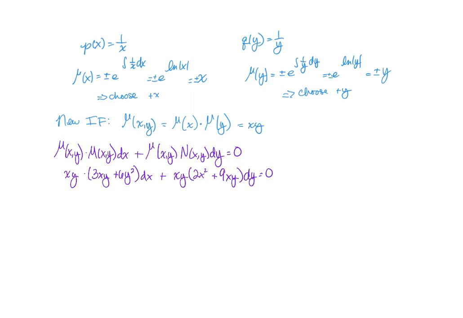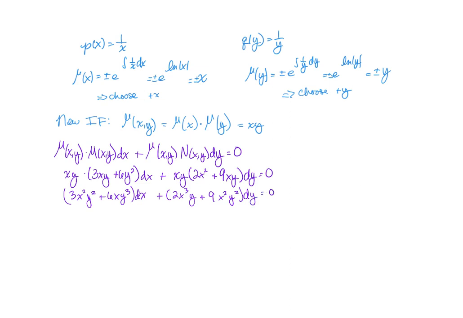So if we do a little bit of simplifying, we now have (3x squared y squared plus 6xy cubed) dx plus (2x cubed y plus 9x squared y squared) dy, and it equals 0.